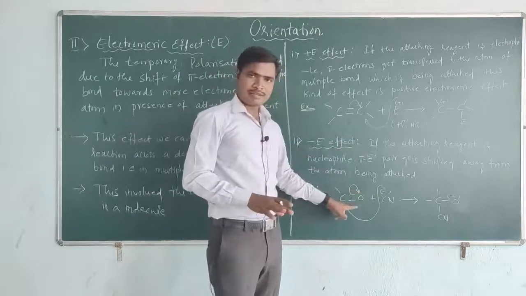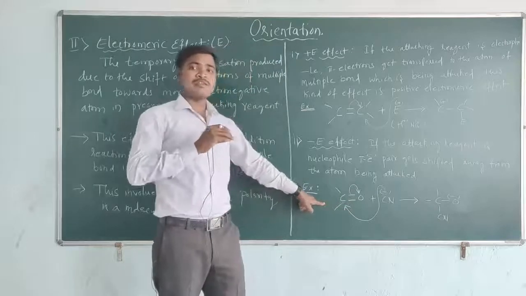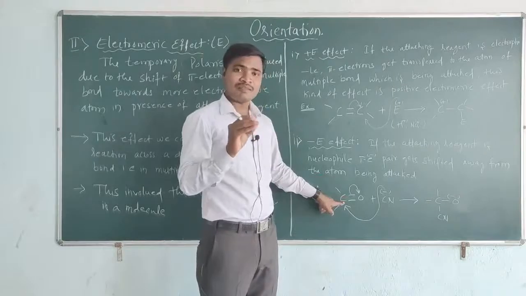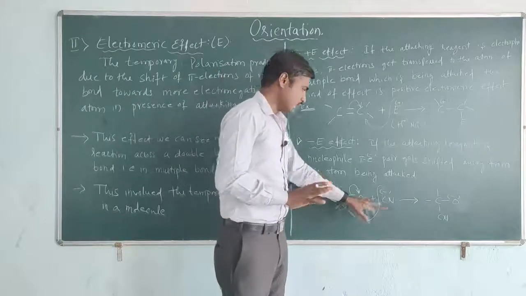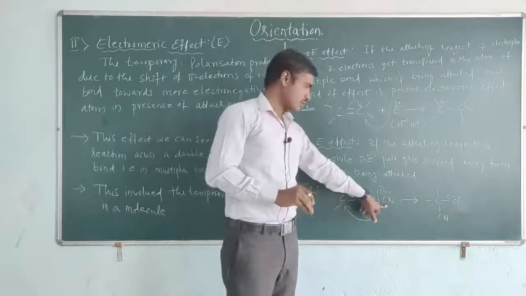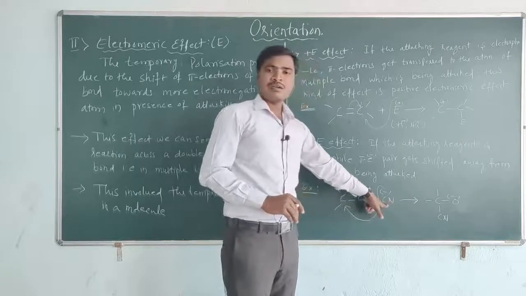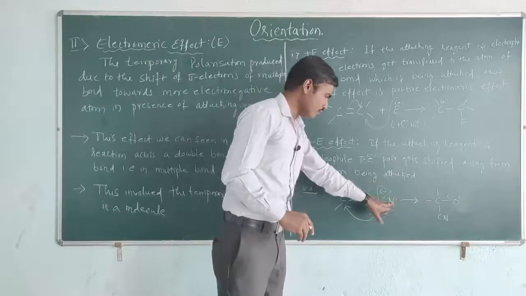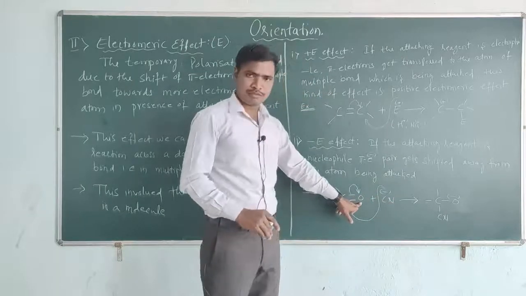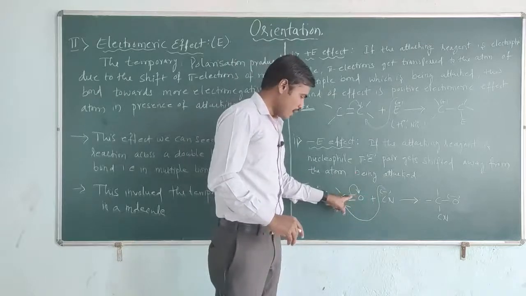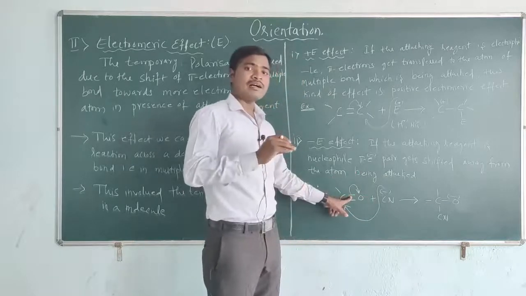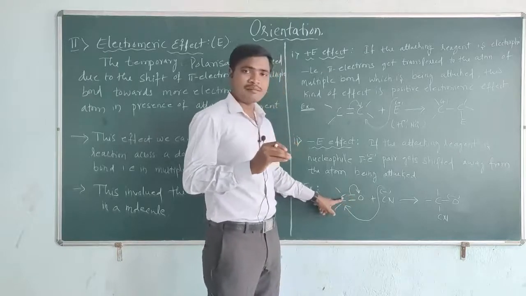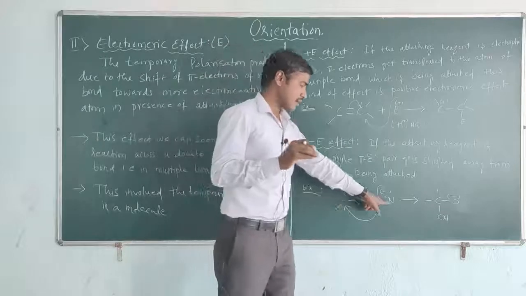The pi bonded electrons shift away from the atom where the attacking reagent attacked. Here I have taken the cyanide attacking reagent, that is the nucleophile, the electron rich center. Whenever it attacks a double bonded molecule, the pi electrons shift away from the atom attacked by the nucleophile.